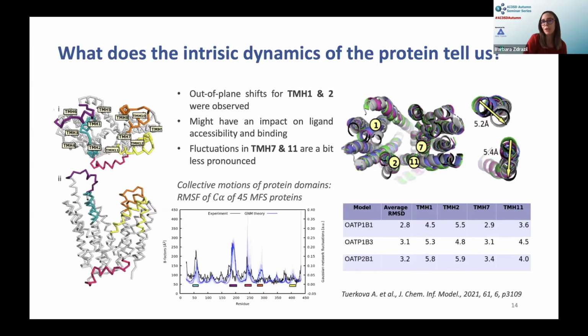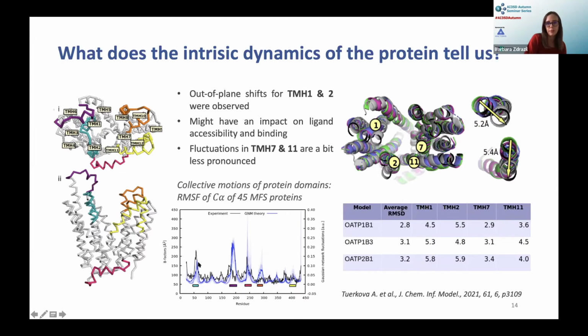So now coming to our results, right? Did this actually pay off, doing this large sampling study and extracting different conformations? What you can see here is, on one hand, the collective motions of protein domains. What we did here is we looked into the protein dynamics in a whole family of 45 related major facilitator superfamily proteins.